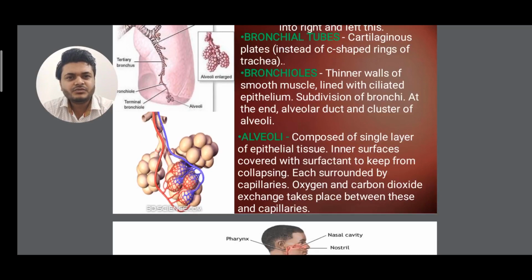These are very small, and the unit of lungs is an alveoli. What is an alveoli? It is composed of single layer of epithelial tissue, inner surface covered with surfactant to keep it from collapsing, each surrounded by capillaries. Understood? Oxygen and carbon dioxide exchange takes place between these. Understood, as I have already said.